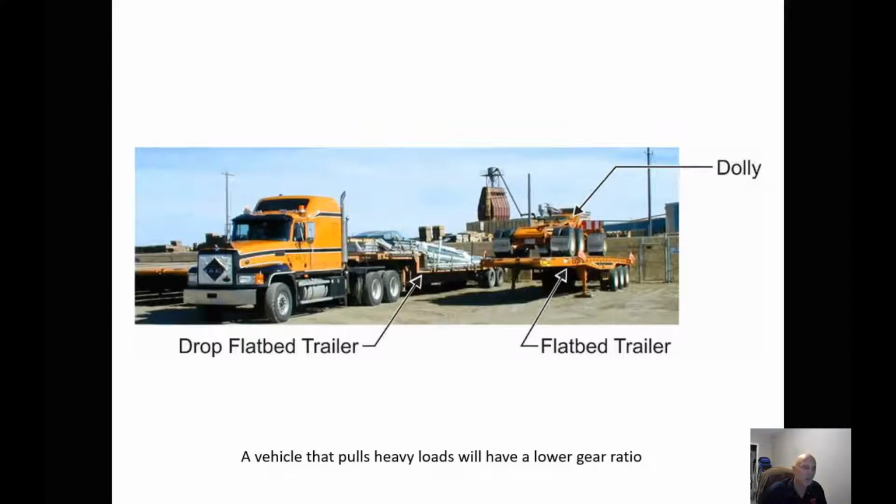There are some heavy movers that will have 2 transmissions, and that's to get extremely low speeds. But they can put the transmission in direct drive, which then would be 1-to-1, so they don't need to use that second transmission. They can drive at road speed.